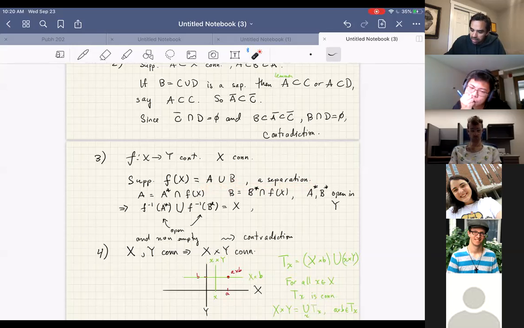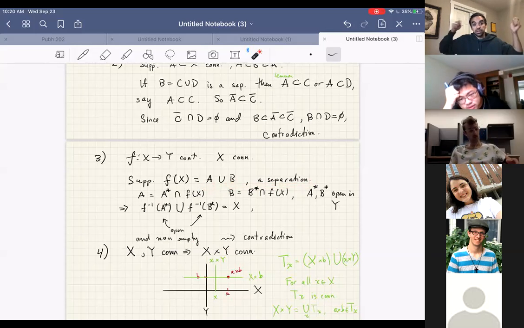You basically look at A and B, and they are disjoint, so when you look at the pre-images, they will be disjoint.